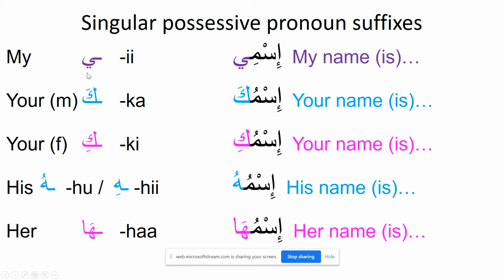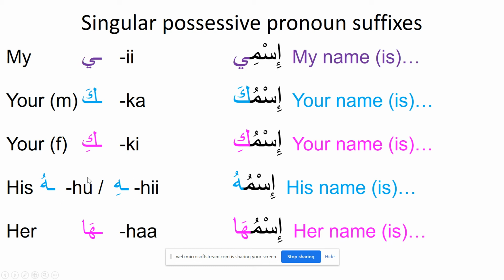And if you use ka at the end of your word, it means you as an object or your as something belonging to. So ismuka is name of yours. Ki is our ending that means something is happening to you, you're the object, or it's yours and you're feminine. So ismuki is name of yours, feminine.